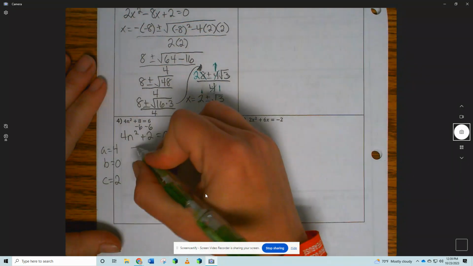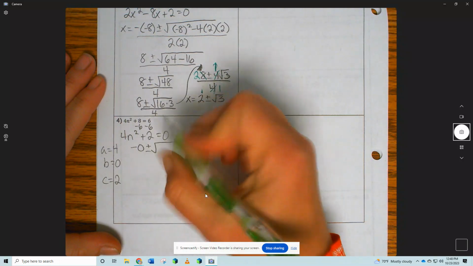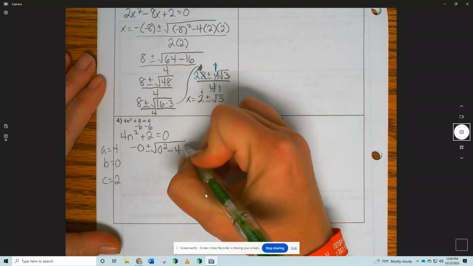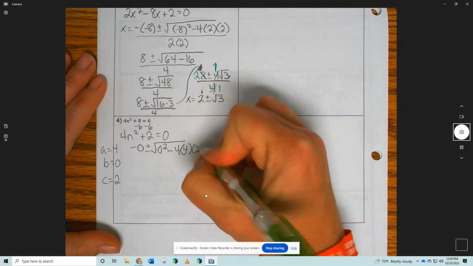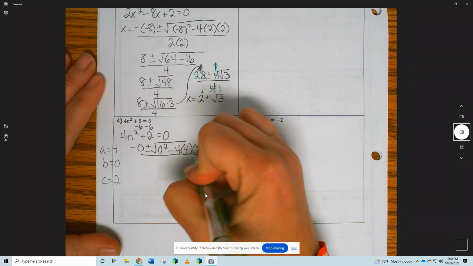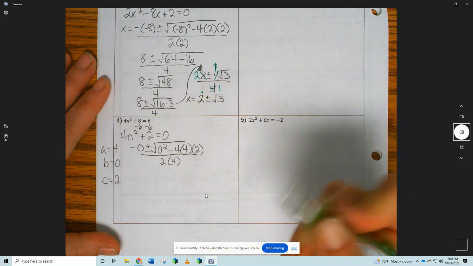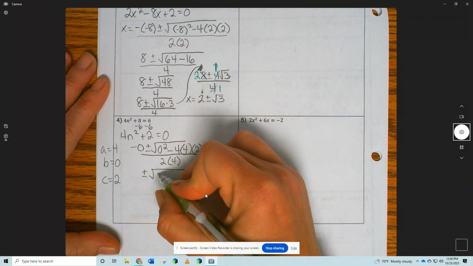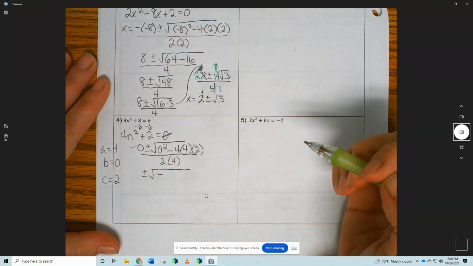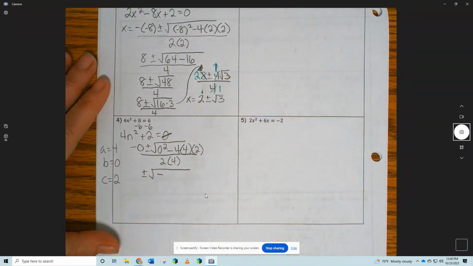All right, negative 0 plus or minus the square root of 0 squared minus 4 times a, which is 4, times 2, all over 2 times 4. Plus or minus negative 32. 16 times 2. Come on.